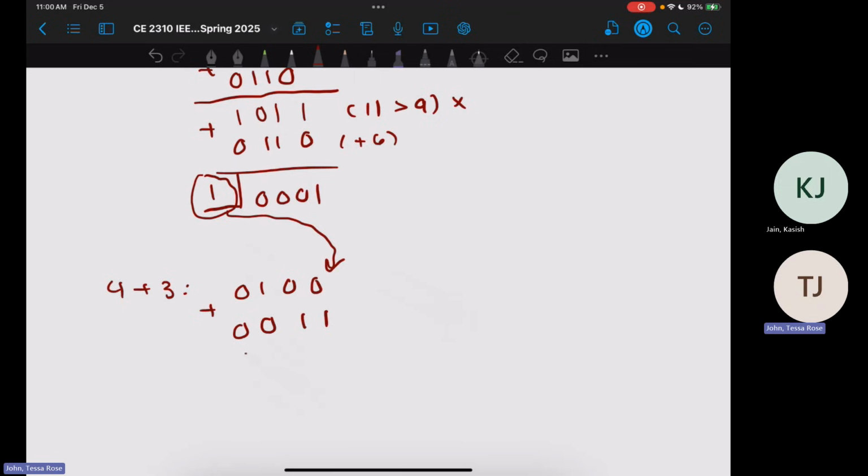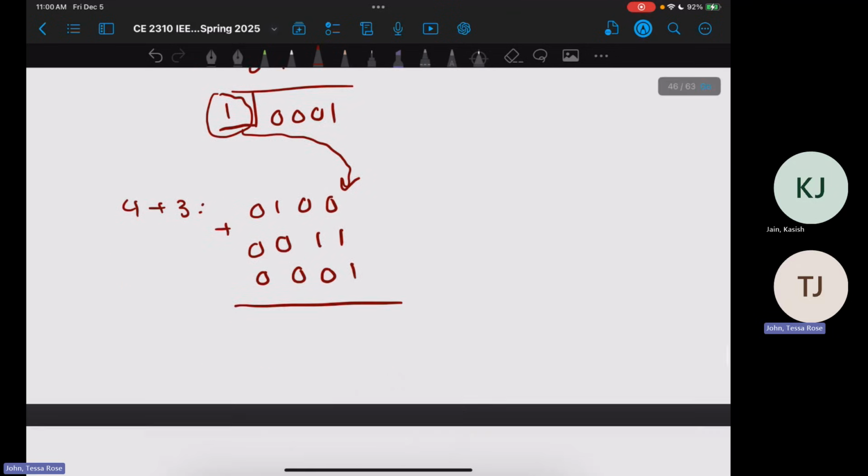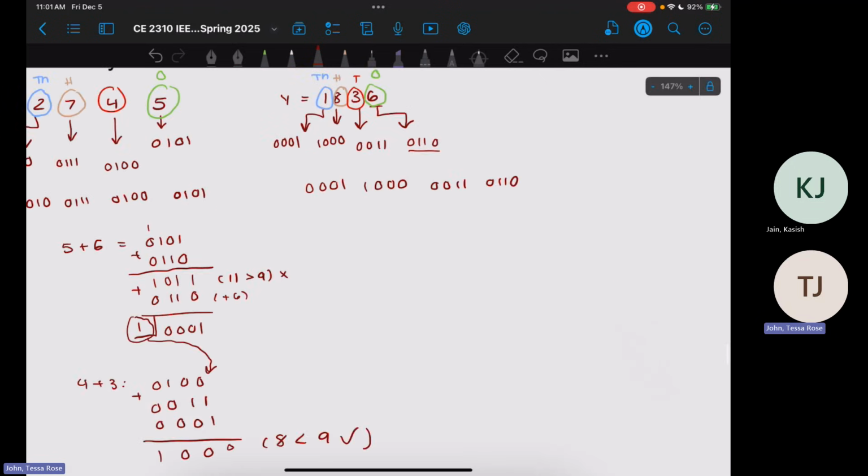So the carry is 0, 0, 0, 1. Does that make sense? We're going to add our numbers, 0 plus 1 plus 1, 0 and then 0, 0, 1, okay? So 1, 0, 0, 0 in binary is 8, which is less than 9, so we're good. We don't have to do anything.